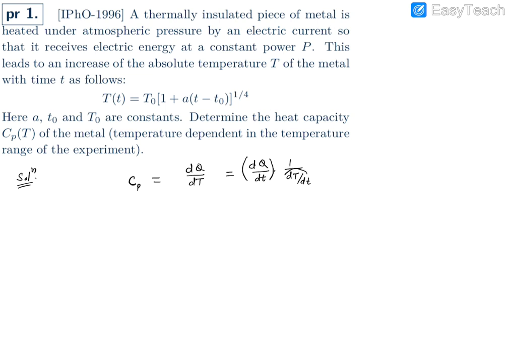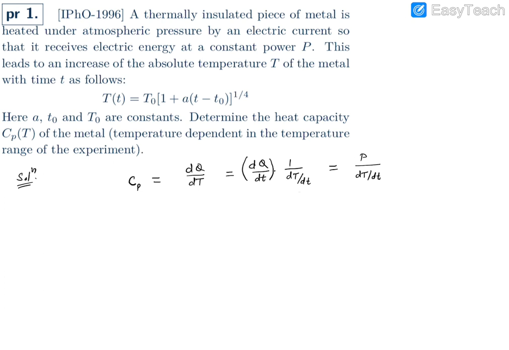And dT by dt, this is going to be the rate of change of temperature, जिसकी वैल्यू हम लोग यहाँ से कैलकुलेट कर सकते हैं. So basically this is P and this can be calculated using this expression. So it becomes a straightforward question, not much complexity involved. So we can say this is basically P divided by dT by dt.